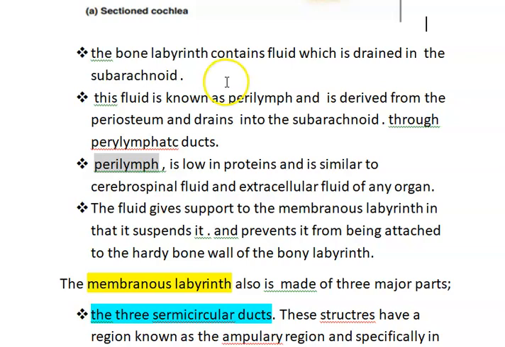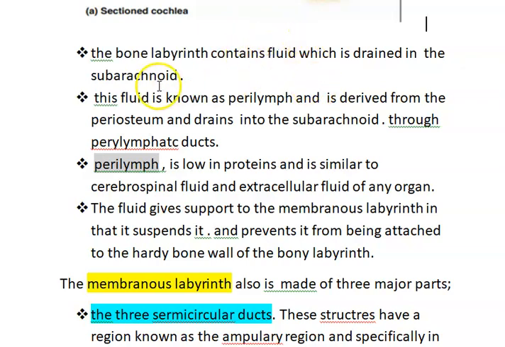We said fluids because the parts of the inner ear actually contain fluids. So the bony labyrinth, which is part of the inner ear, contains fluids.